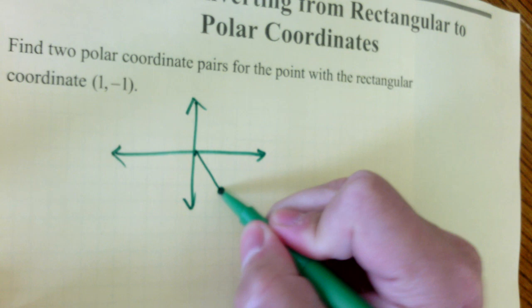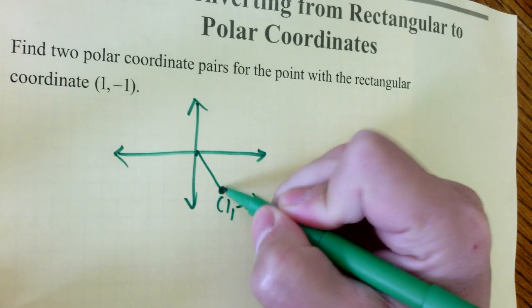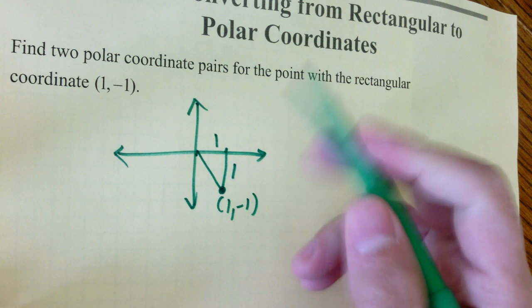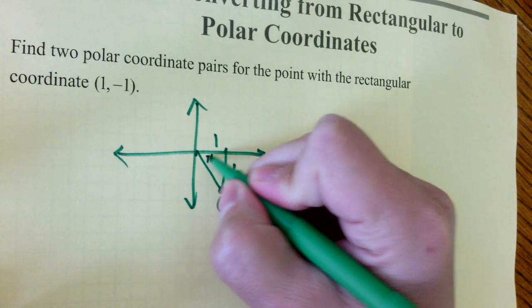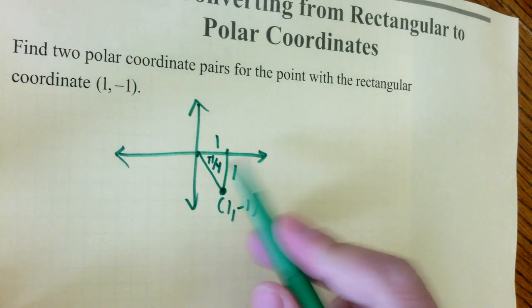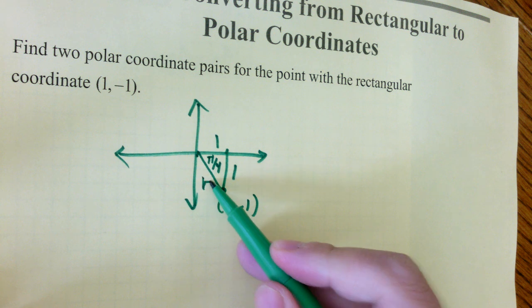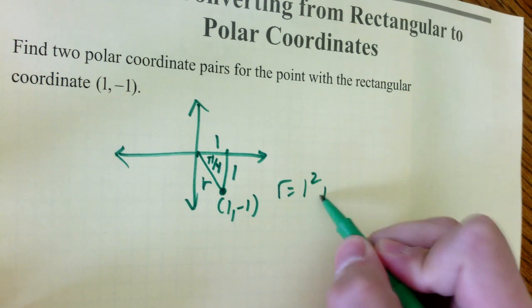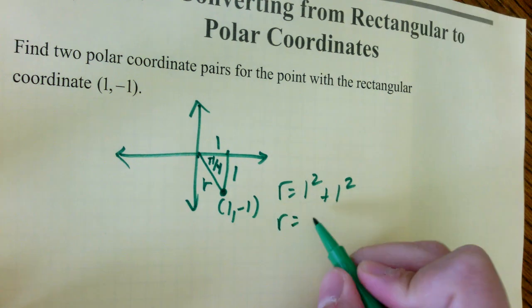Negative 1 is right here. So we should know if the legs are the same length, that the angle is going to be pi over 4 or 45 degrees. And to find the radius, you could use the Pythagorean theorem if you want.